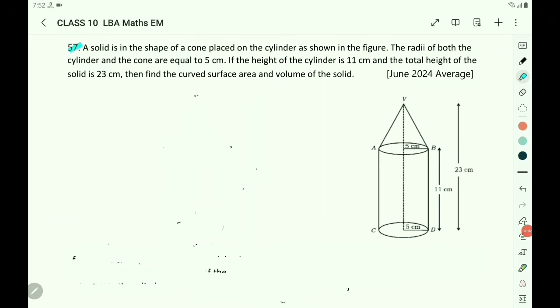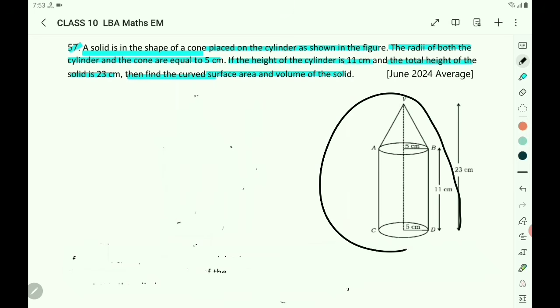Question number 57. A solid is in the shape of a cone placed on the cylinder as shown in the figure. The radii of both the cylinder and the cone are equal to 5 cm. If the height of the cylinder is 11 cm and the total height of the solid is 23 cm, then find the curved surface area and volume of the solid.